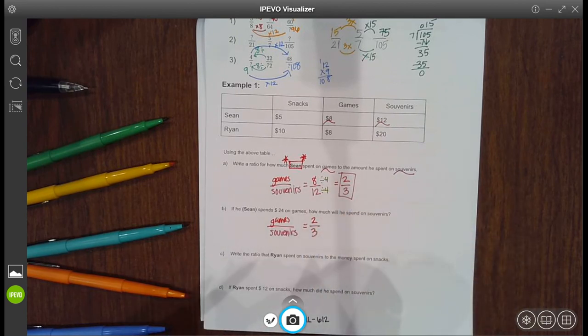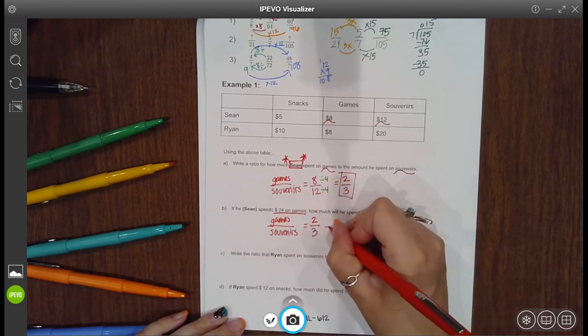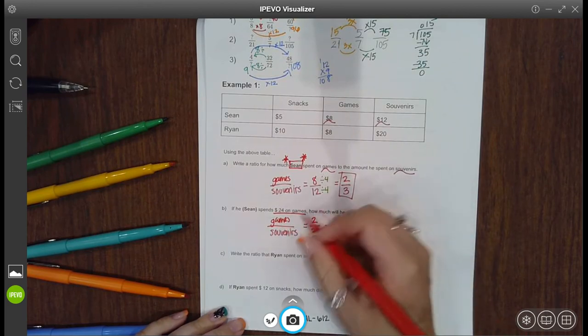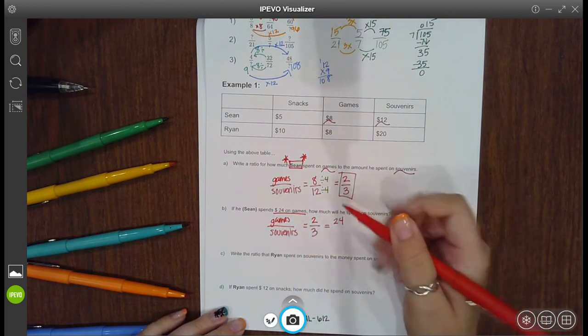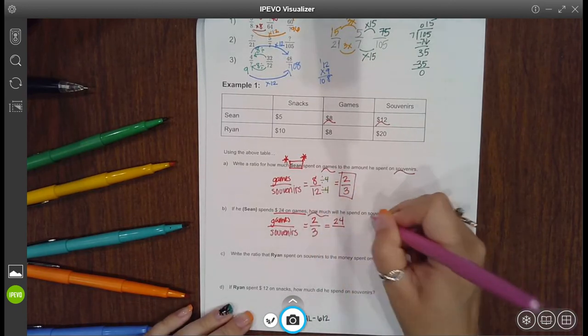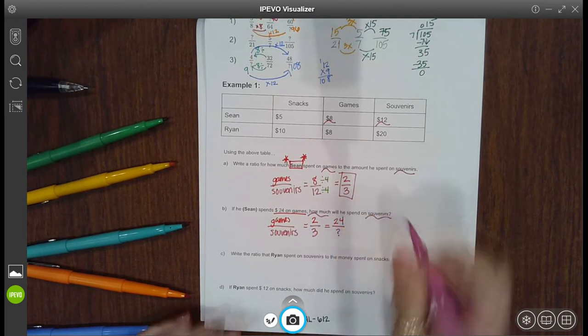So keeping with that, they ask if he spent 24 on games, so that 24 matches with games and games is on top. Now you see the important thing of why we write the words in front, because then I know where to put my 24. How much will he spend on souvenirs? So this is my unknown.